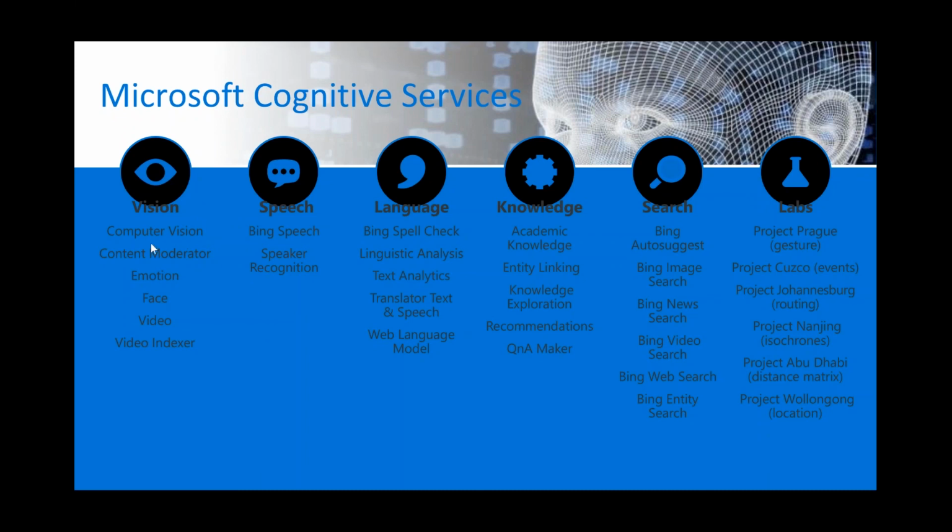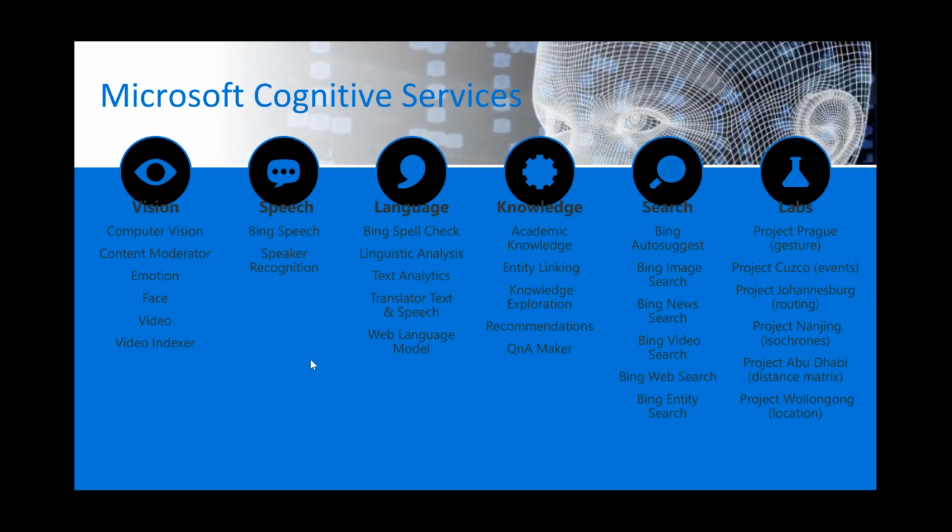I'll show you a couple of demos on this as well. What it means for an end user or a developer is that I don't need to have expertise in AI. I can pretty much consume an API and integrate it into my application.